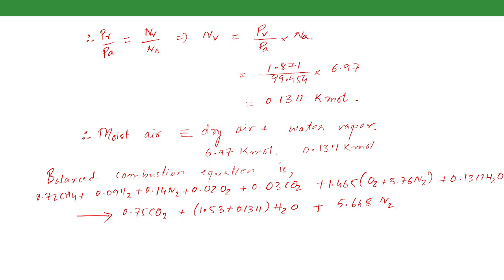Okay, so this is basically 0.75 carbon dioxide plus 1.661 water plus 5.648 nitrogen. So this is a balanced combustion reaction.